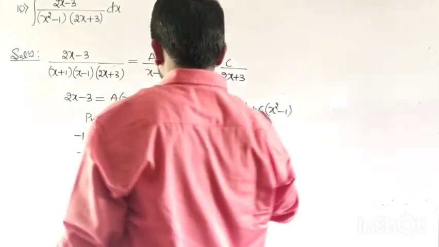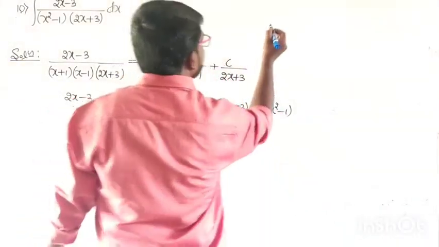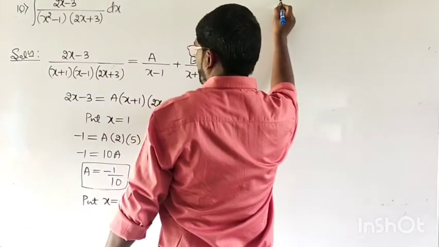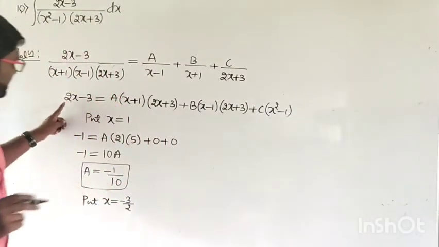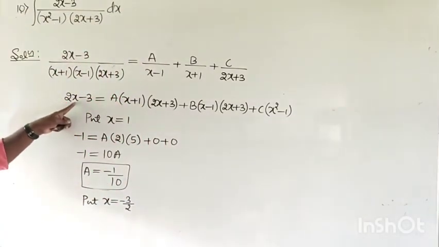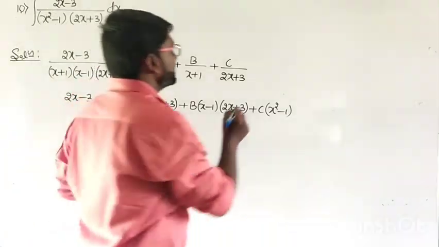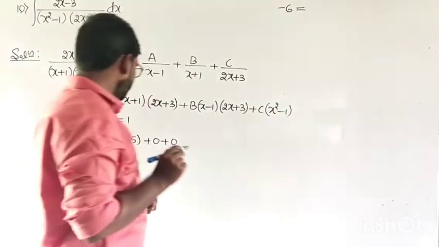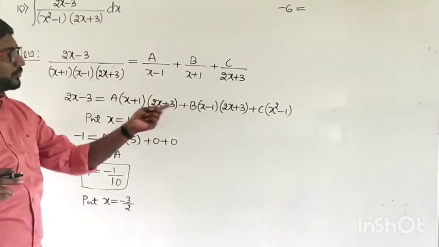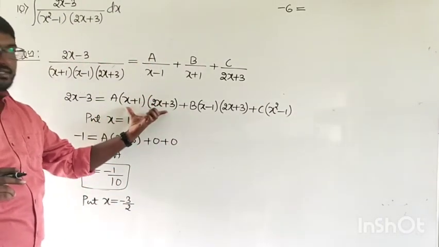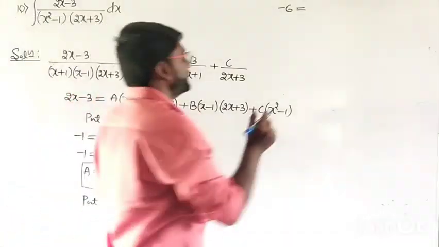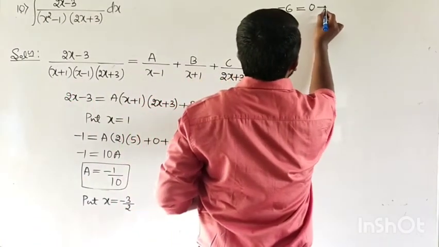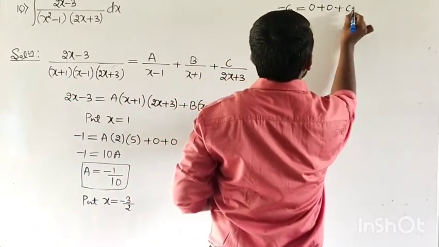So what do we get now? 2 into minus 3 by 2, the 2 gets cancelled, minus 3 will be minus 6. So minus 6 is equal to, if you take x as minus 3 by 2, this becomes 0 and this becomes 0. So 0 plus 0 plus C.